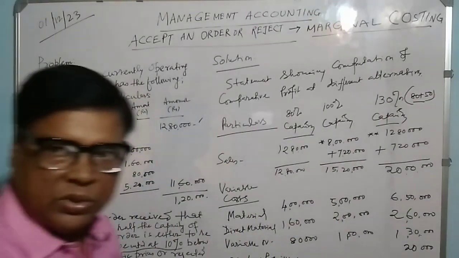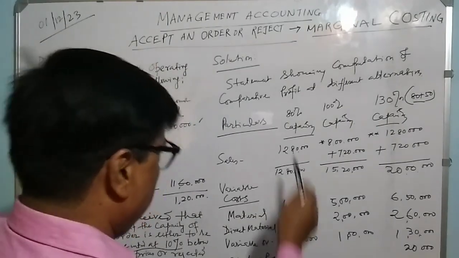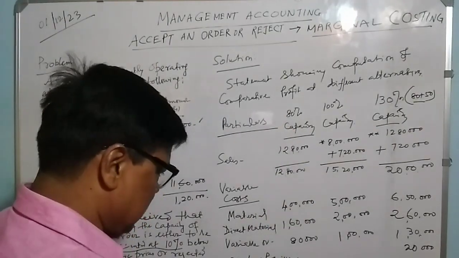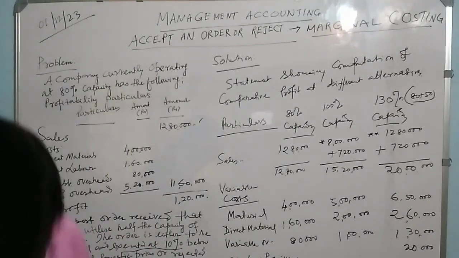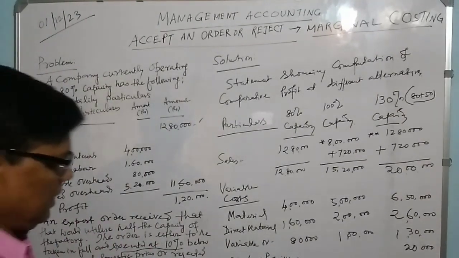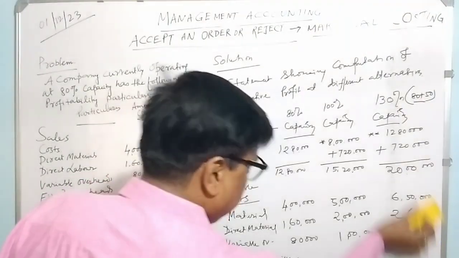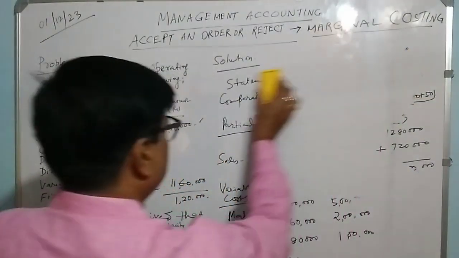So your total cost at 80% level is 6,40,000, then 8 lakhs and 10,60,000. Since space is not available here, we will take it to the front.